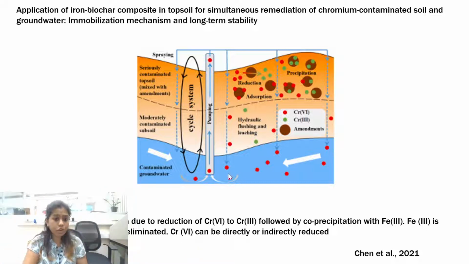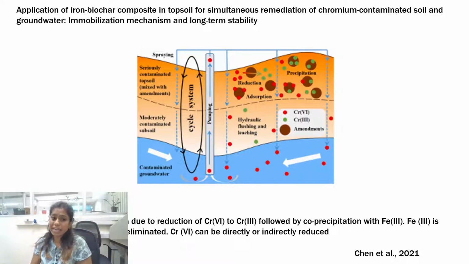And this process happens through reduction. So reduction is one of the strategies that we have seen that several microorganisms adopt, where oxidoreductases perform this reduction reaction. And we have also looked extensively at how chromium is harmful, how having chromium in the sediments is harmful to humans and the ecosystem.